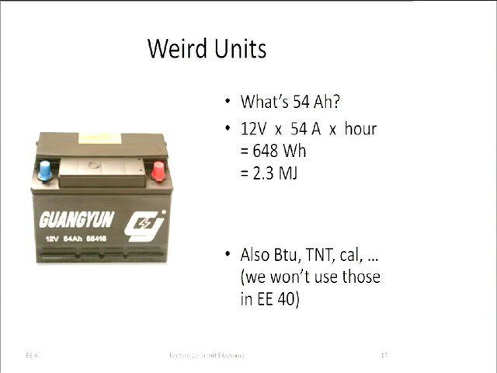Amp hours is current times time, and to make it energy, we have to multiply with the voltage. Now we've got energy, right? So we take the 54 amp hours, multiply it with the 12 volts, then we get watt hours, and we can, of course, convert that again to joules. So that would be 2.3 megajoules.